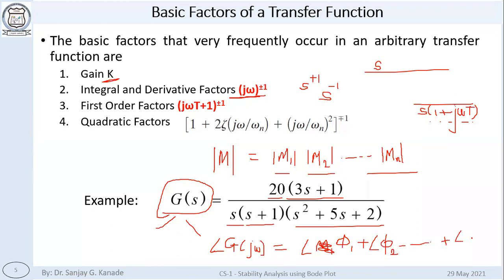Okay, we have seen this at the time of discussing frequency domain response. This relationship we established for getting the output, but the same relationship holds here also, that magnitude is multiplication of individual magnitudes and phase angle is addition of individual phase angles.